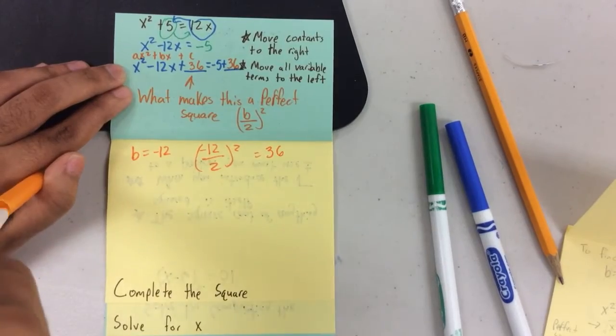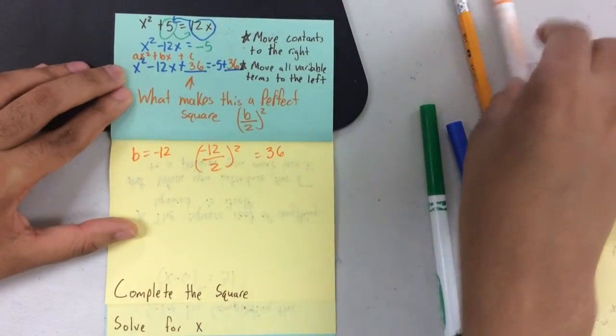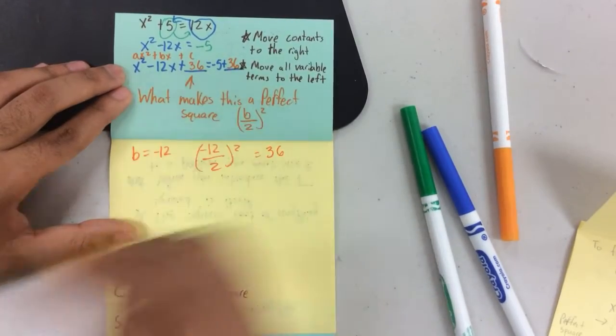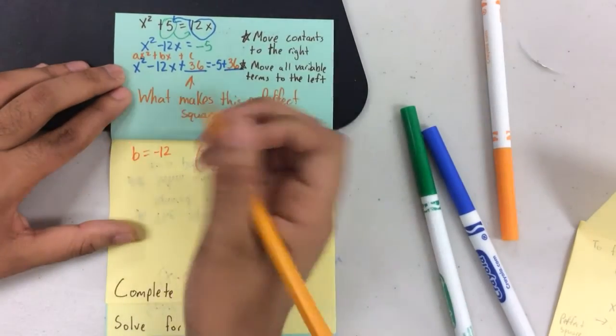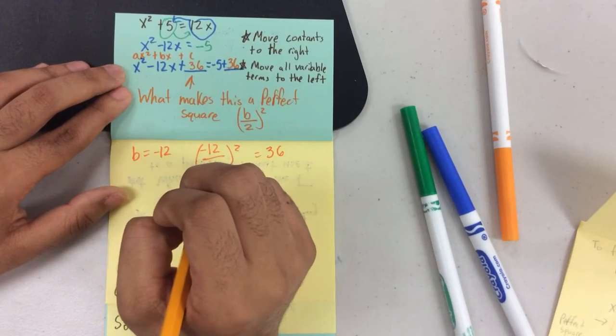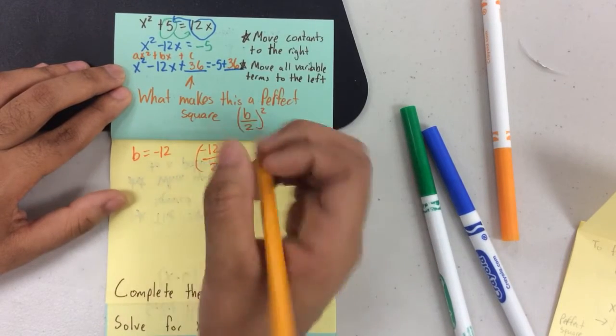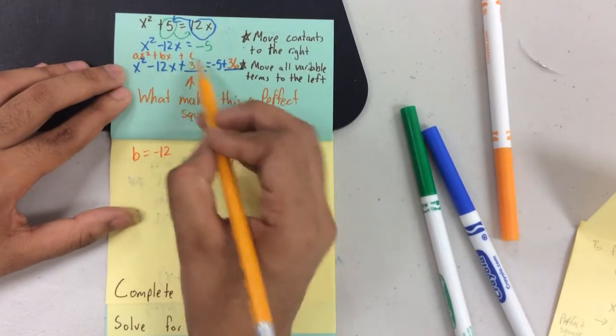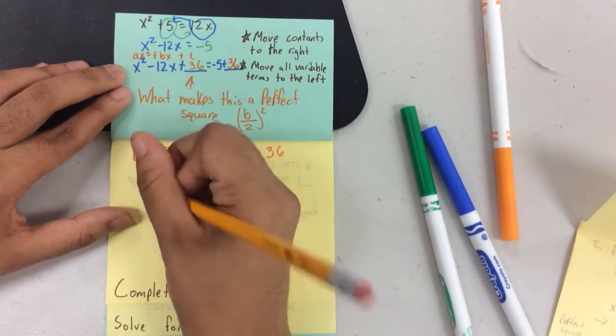So if you don't remember what a perfect square is, let me just go over that. A perfect square, remember when you have something in factored form? So let's just write this in factored form.